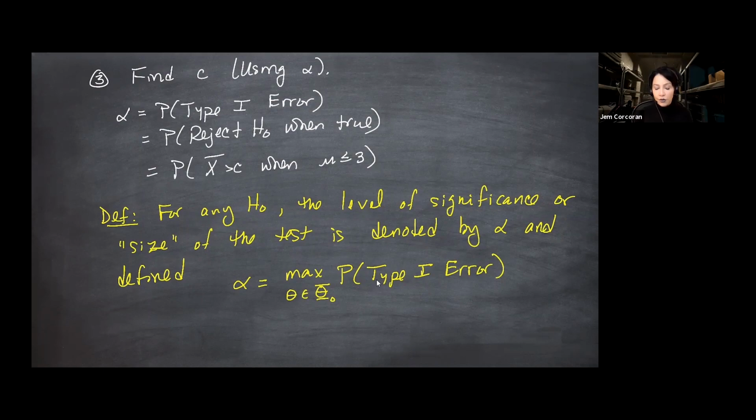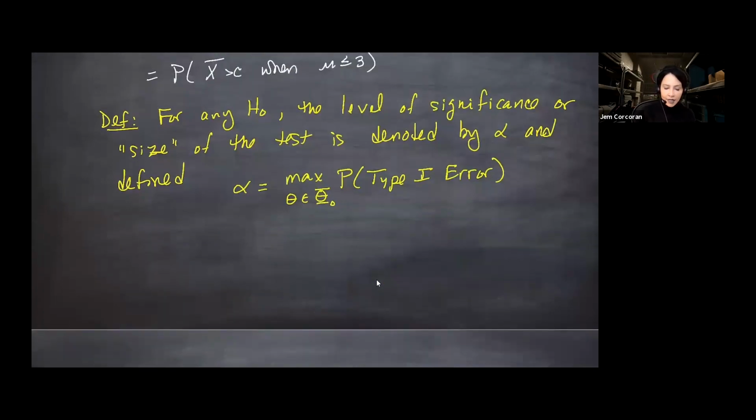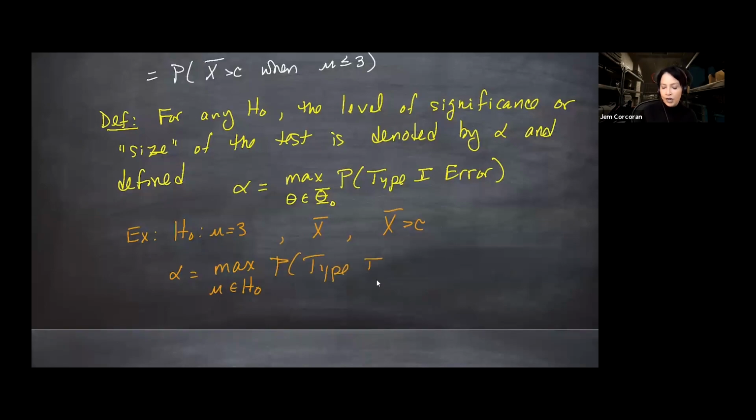And so this actually does not contradict anything we said last time. If we're testing the null hypothesis that mu equals 3, nice and simple, and maybe we're looking at x bar, and deciding to reject when x bar is greater than c, maybe the exact example from last time, then alpha would be the maximum over all the mu's in the null hypothesis of the probability of making a type 1 error.